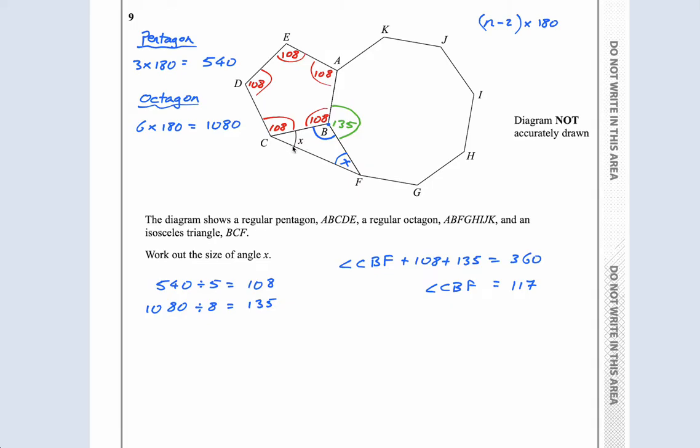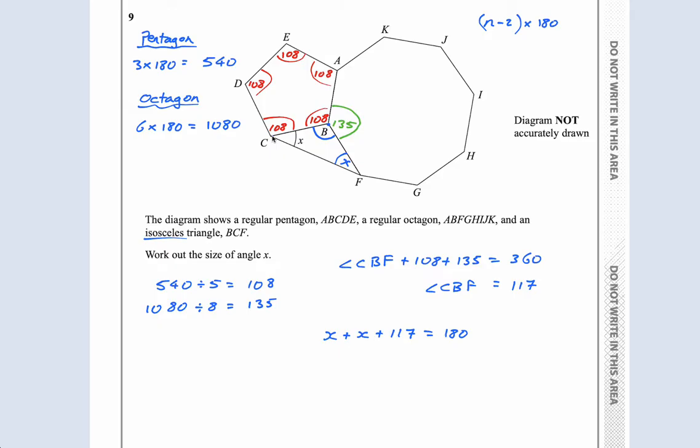Now, I'm not done. I have to find angle X, but I know that X plus 117 has to equal 180, because these are the angles in a triangle. Angles in a triangle add up to 180. And I know these are both X because it's an isosceles triangle, because it says it here.